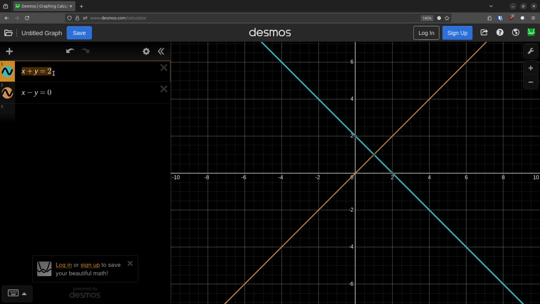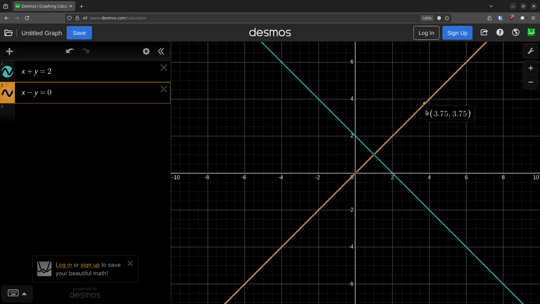Every point on the blue line is a solution to the equation x plus y equals 2. If I plug it into just that equation, it makes that equation true. Similarly, all the points on the orange line are solutions to the equation x minus y equals 0. If I plug in any x, y pair on this line, it makes the equation true.